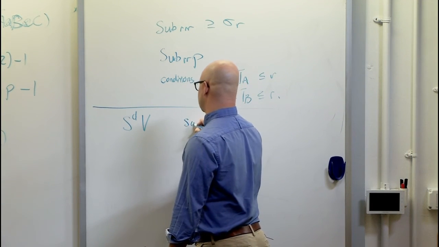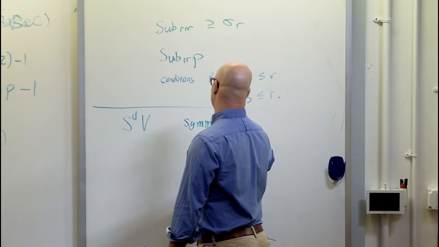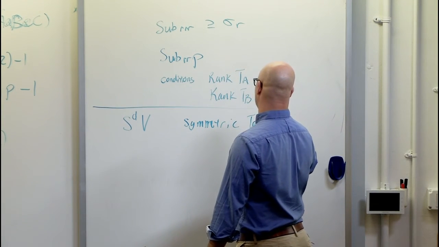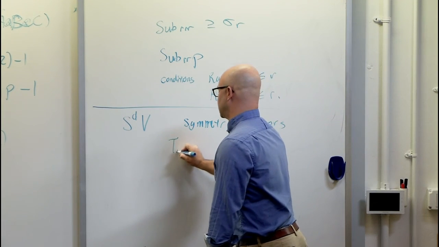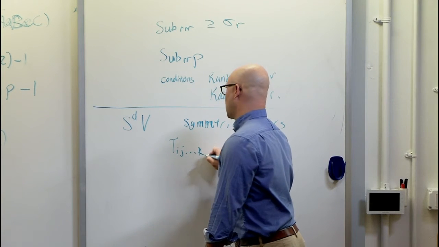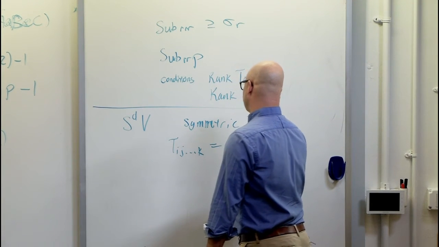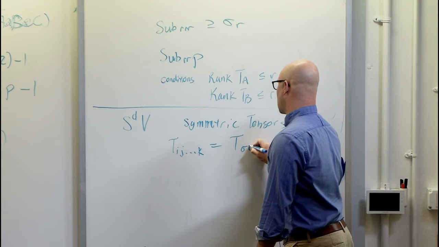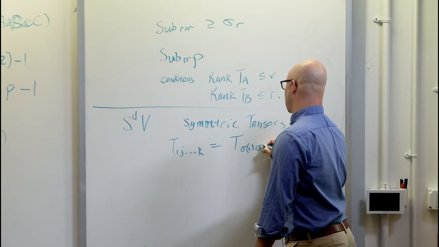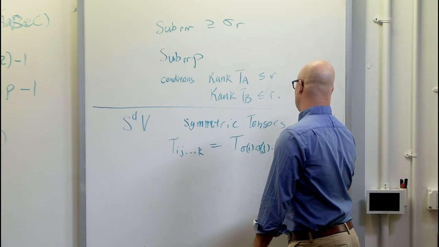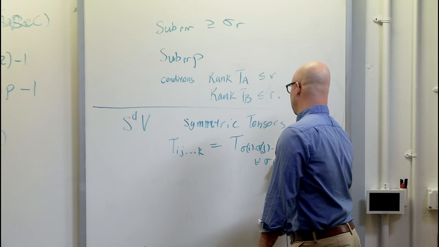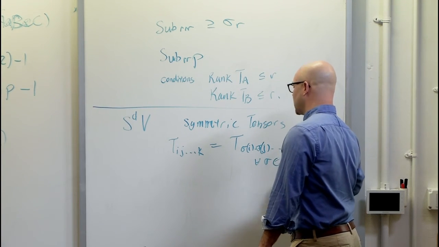This is symmetric tensors. This means that T_{i,j,k} is equal to T_{sigma(i),sigma(j),sigma(k)} for all sigma in the symmetric group on d letters.